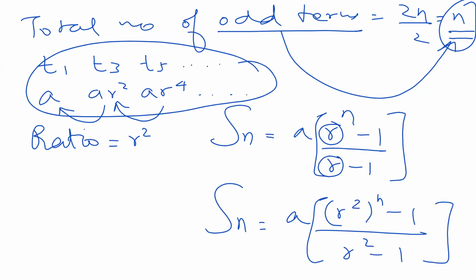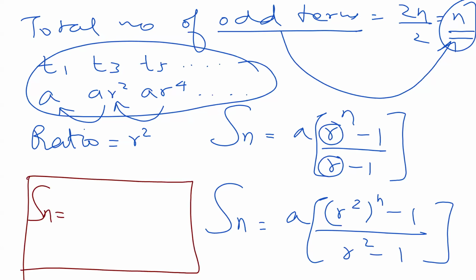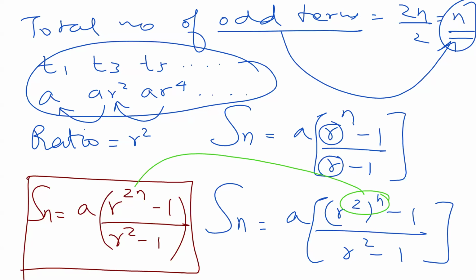So finally, the sum of all odd terms is equal to a into r raised to 2n minus 1 upon r square minus 1. Okay? 2 into n, 2n. Fine? Okay.